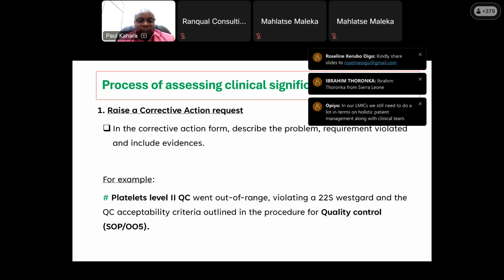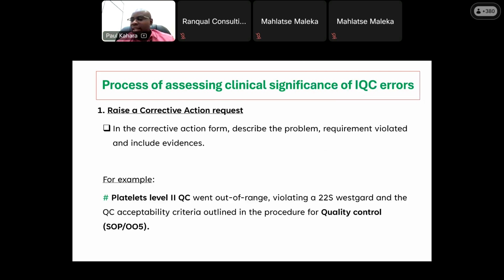So for example, if it's about an IQC, you don't just say IQC failure. If you go to many laboratories, in their corrective action forms, they just indicate IQC failure, but do not give the details of what exactly happened.